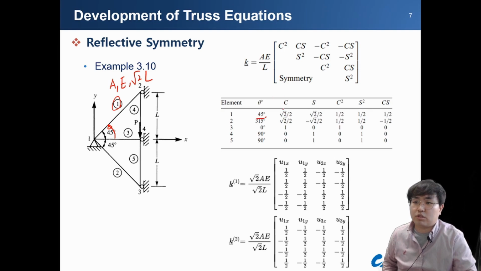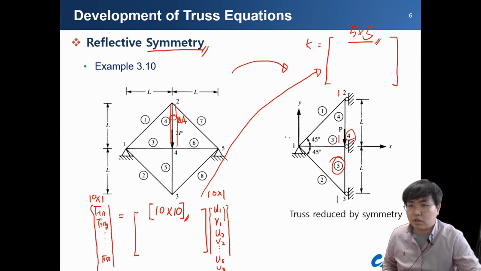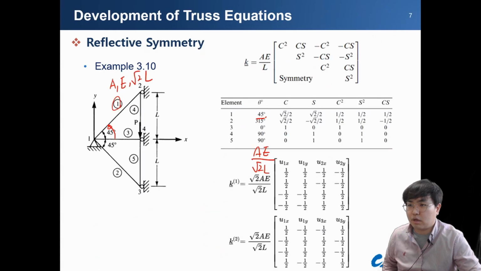To obtain this result, first solve for cosine and sine theta, or cosine square and sine square. So here the size is root over L, and the cross-section area is equal to, I skipped the details about the cross-section area, so please check the details.